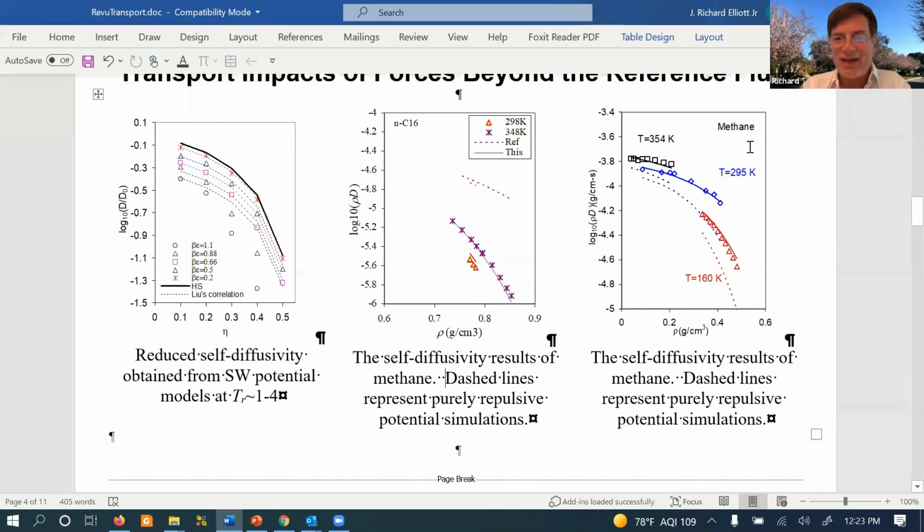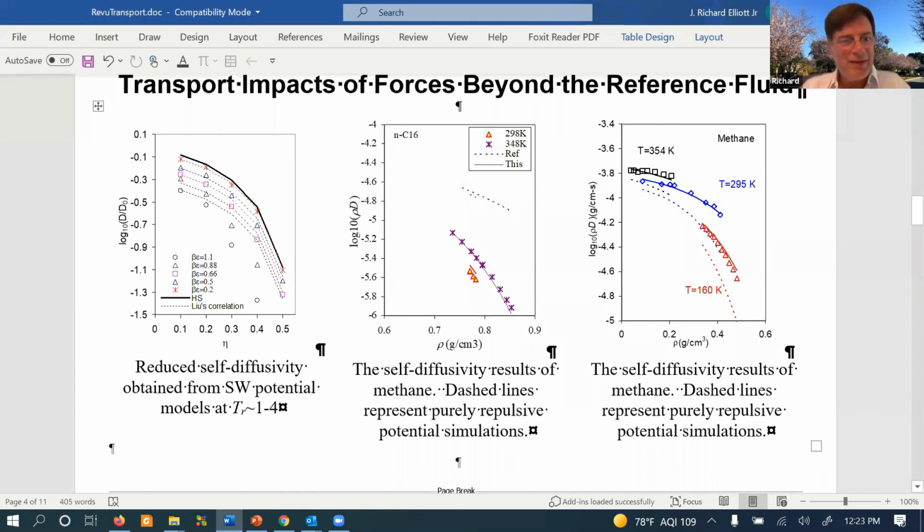So this slide was showing how the self-diffusivity changes as you apply the attractive forces. And you see there's this consistent slower diffusivity as you add attraction, and that's reflected in the experimental data as well as the simulation data.